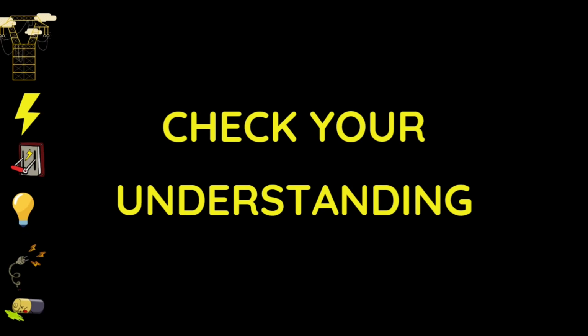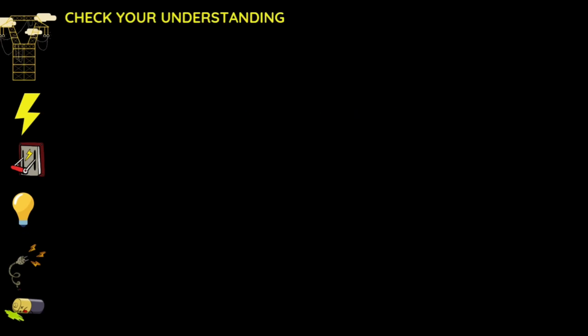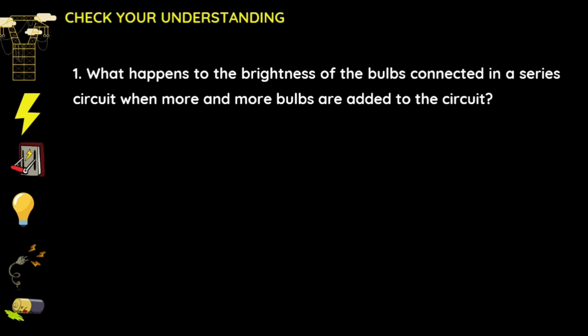At this point, let's check your understanding. Question number 1. What happens to the brightness of the bulbs connected in a series circuit when more and more bulbs are added to the circuit? Letter A, increases. B, decreases. C, remains the same.